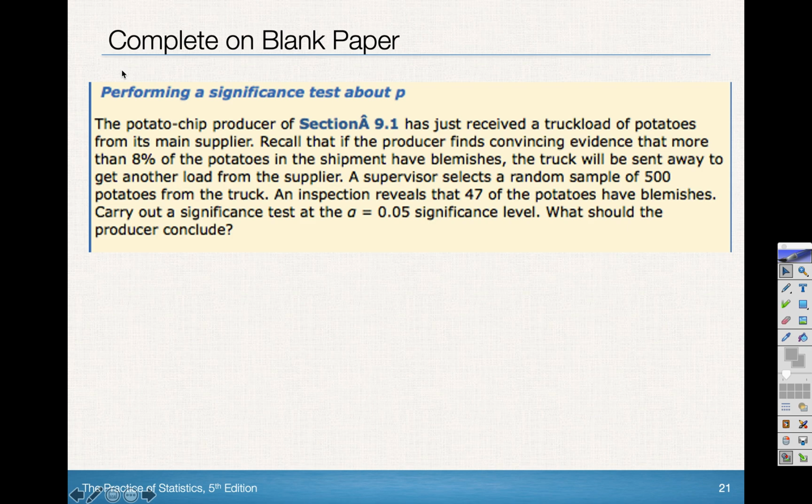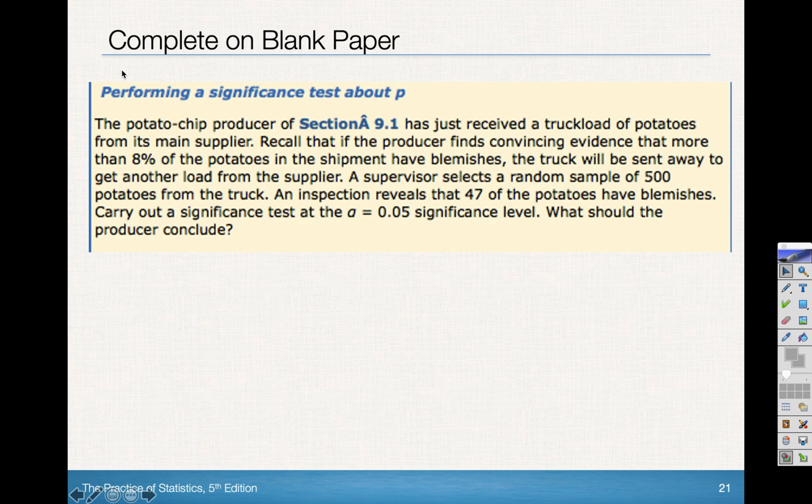Ultimately, we have a truckload of potatoes being delivered to a potato chip producer, and the truckload needs to have less than 8% of the potatoes with blemishes in order for the potato chip producer to accept the truckload. If it has more than 8% blemishes, then you're going to send the truckload back to where the potatoes came from.